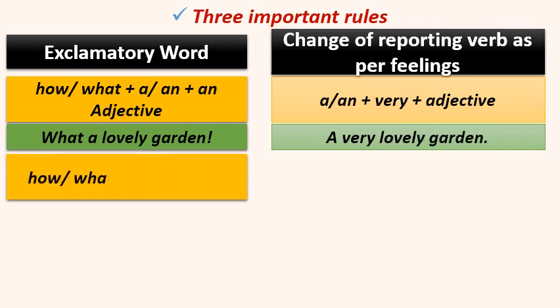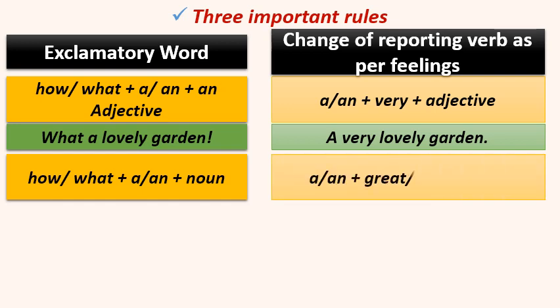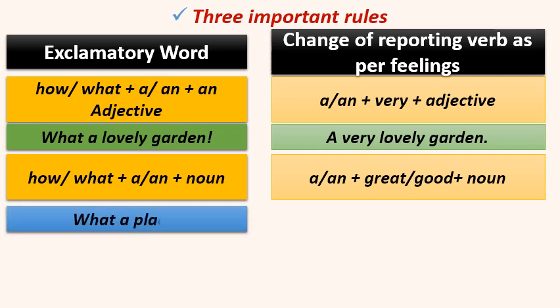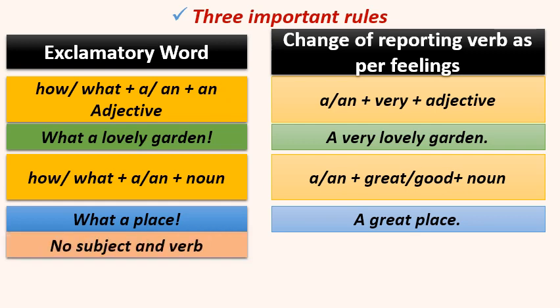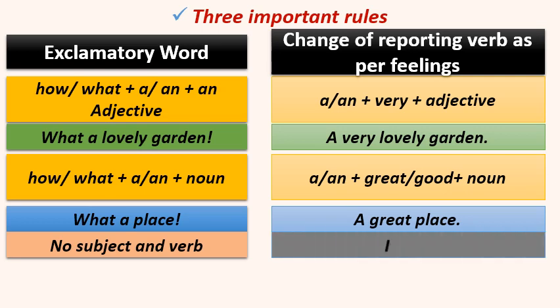If the sentence structure of reported speech is how or what plus a or an plus noun, then it gets converted into a or an plus great plus good plus noun. For example, what a place! Exclamation sign. Then the result will be a great place. If there is no subject or verb, means if subject plus verb is not provided, then you have to write it was.